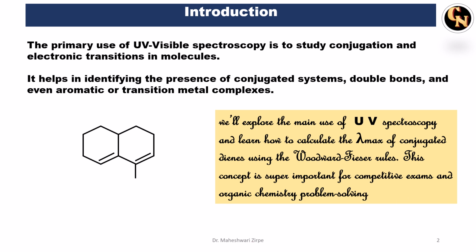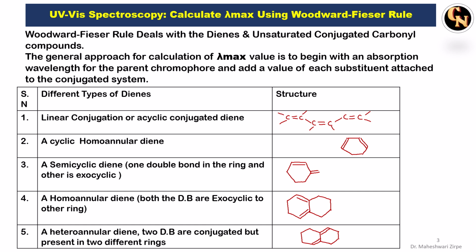Let's start. So students, let us first understand what is Woodward-Fieser rule to calculate the lambda max. This rule deals with basically the dienes and unsaturated conjugated carbonyl compounds, which are also known as enones.